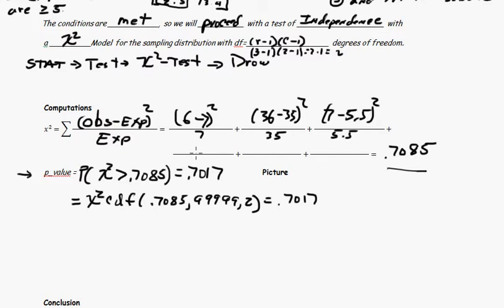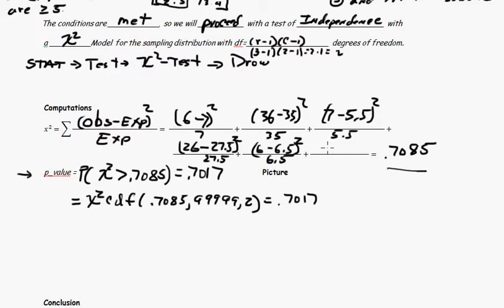And then 26 minus 27.5, that one's going to be negative, squared divided by 27.5. And finally, 6 minus 6.5 squared divided by 6.5.